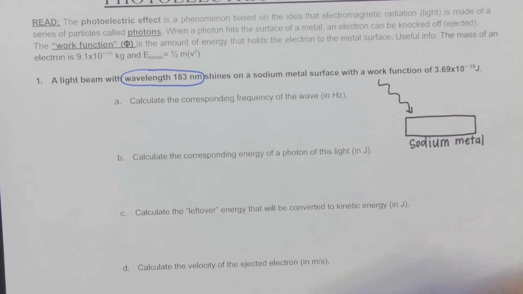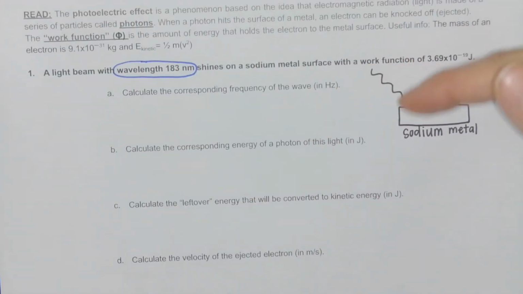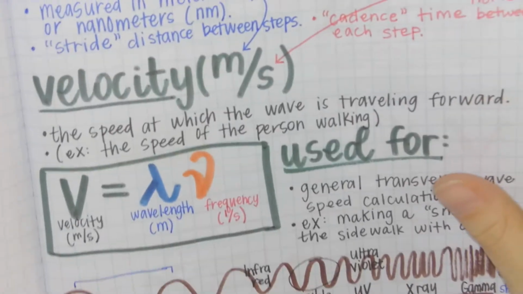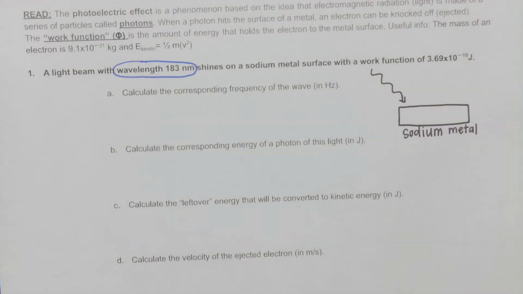Part A says to calculate the frequency of this incoming wave. This is the first page of notes that we did where we converted wavelength to frequency. Oopsies, that is not the right page. Let me get a different page here.